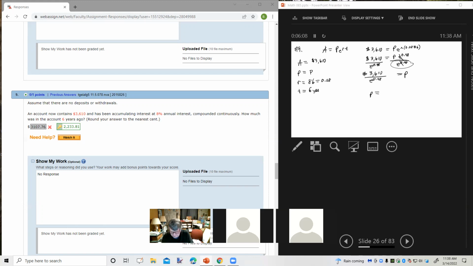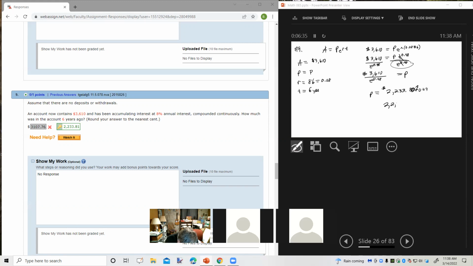So P equals 3,610 divided by e to the 0.48 power. And I get 2,233.808044. This is money. Round to the nearest cent would be right there, but the 8 would round up.